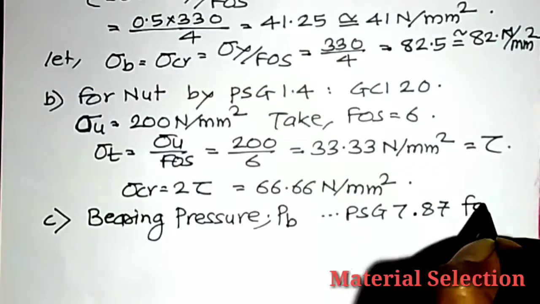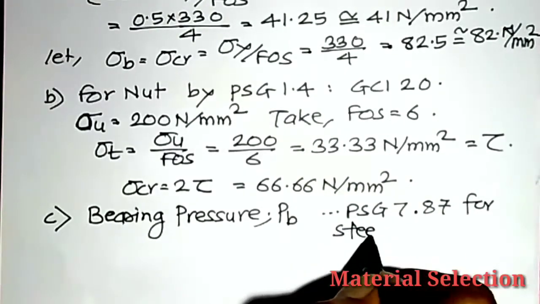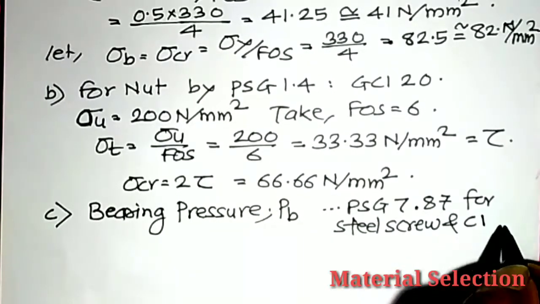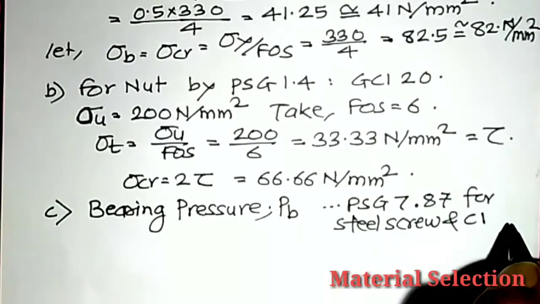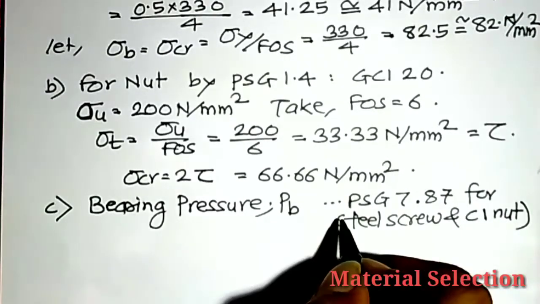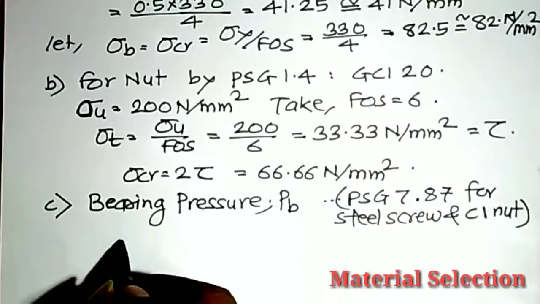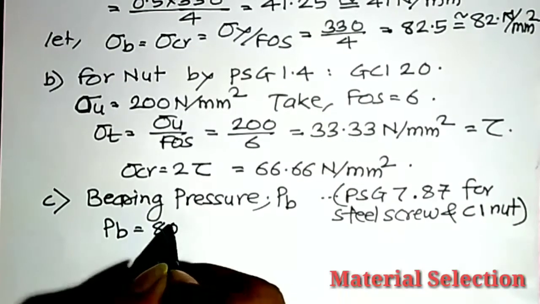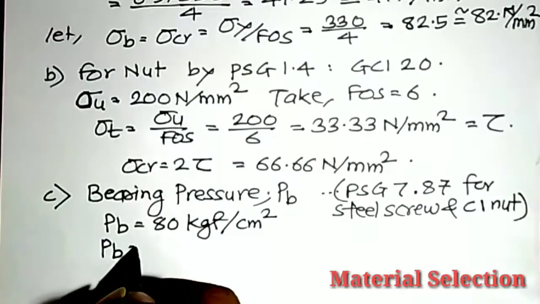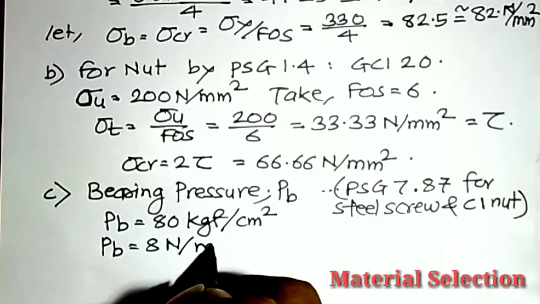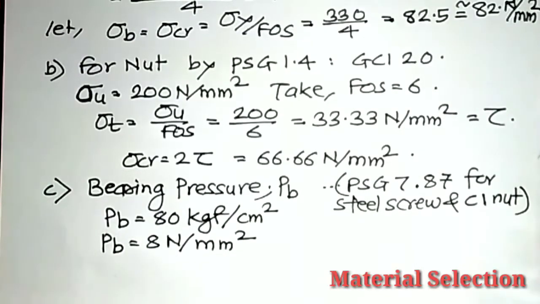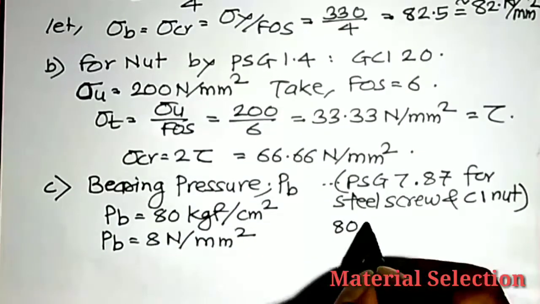By referring to this page, we will get bearing pressure as 80 kgf per centimeter square. Now we need to convert this unit to Newton per mm square. For converting it, we need to multiply 80 kgf by 10, which will convert it to Newton, and centimeter square means divided by 100. So we will get 8 Newton per mm square as the bearing pressure.